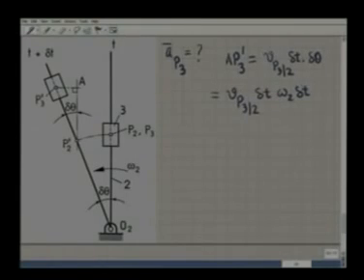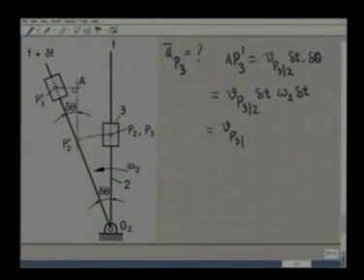Even if it is not constant, during time delta t, due to the angular velocity omega 2, the rotation is omega 2 into delta t. So, this comes out Vp32 omega 2 into delta t squared.